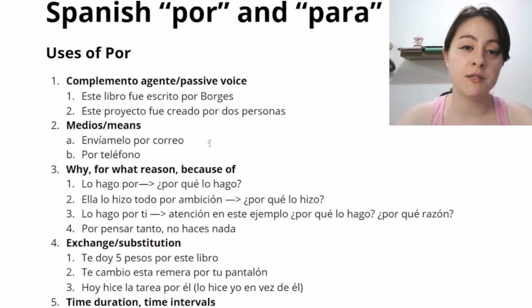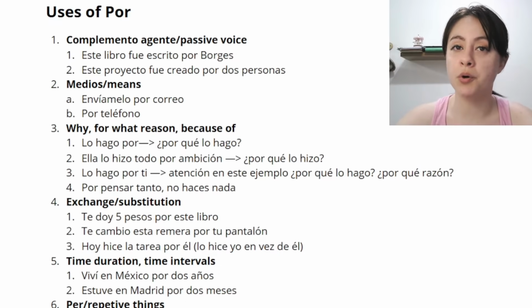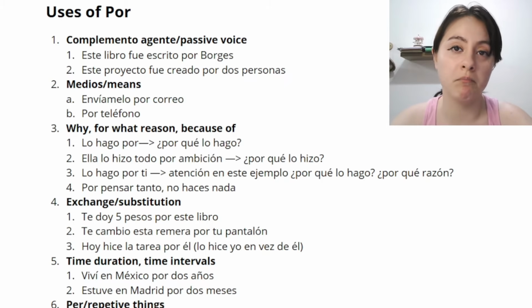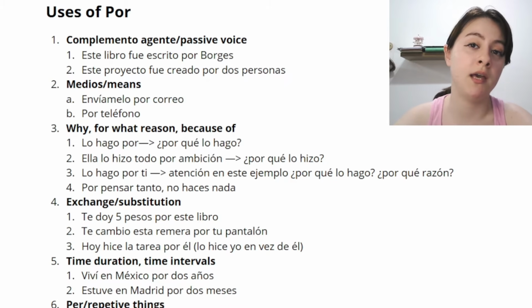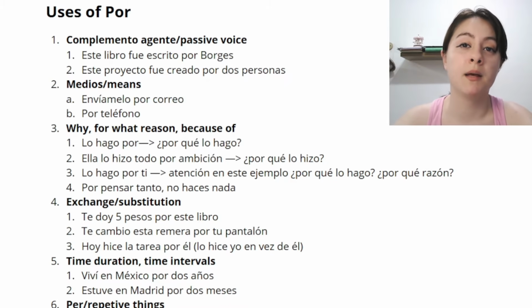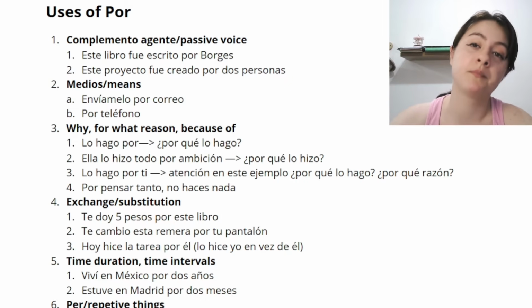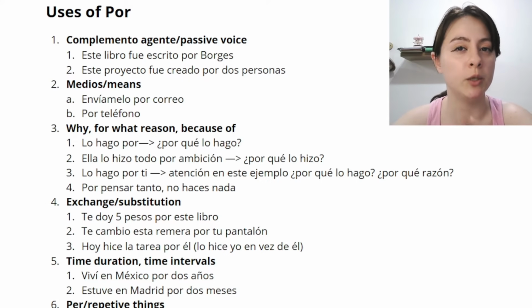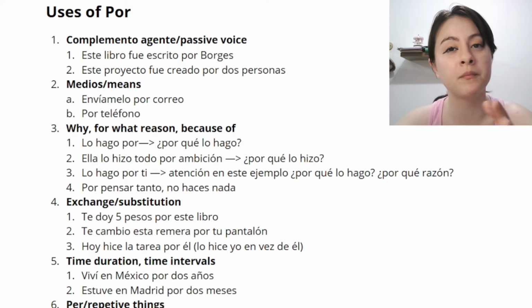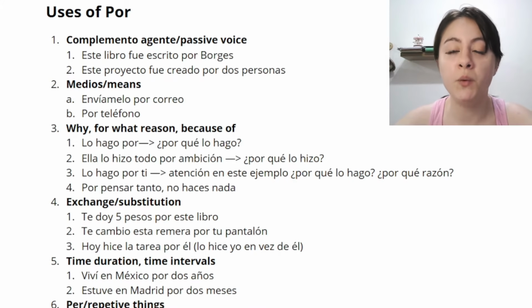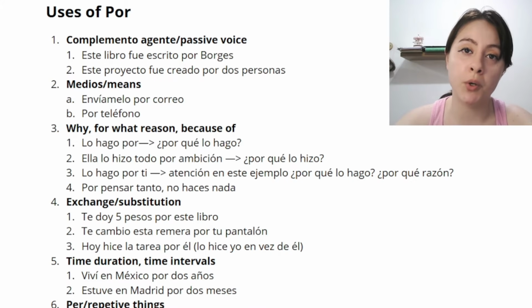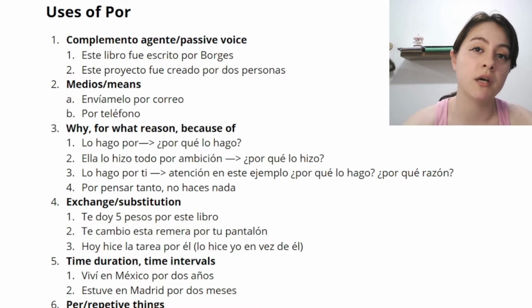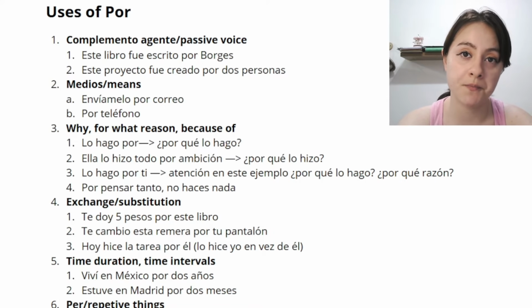And with this pattern, you can basically use por for any type of means of doing something. So you could also say por carta. Carta is letter. Por televisión, through TV or on TV. There are many ways in which you can use por to explain the means in which something happens.